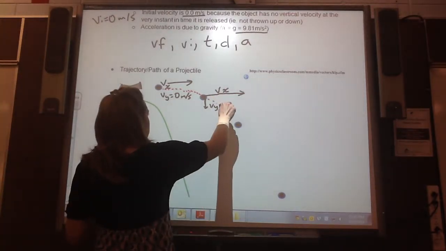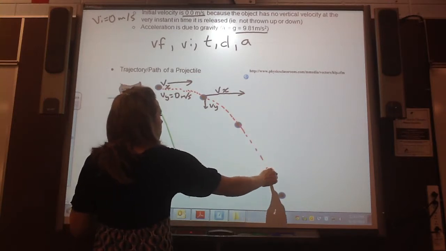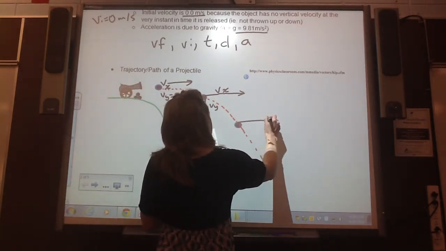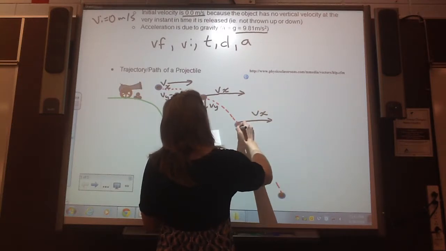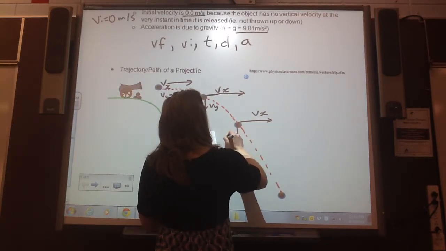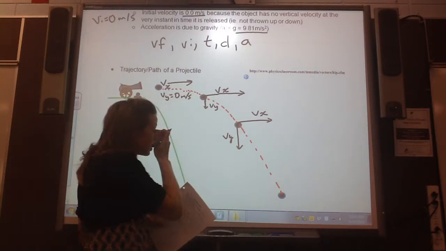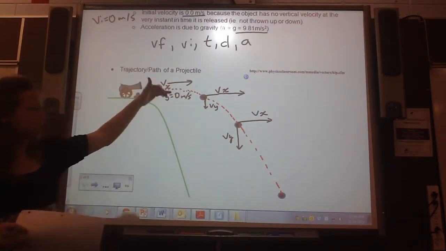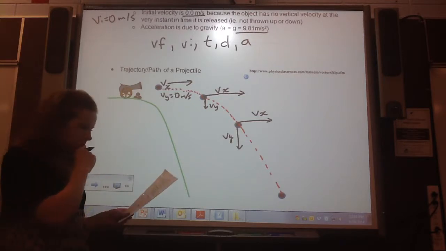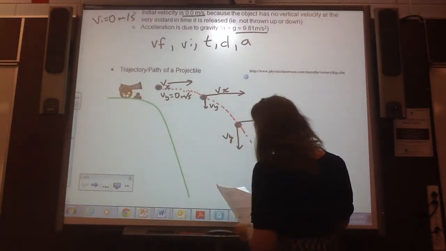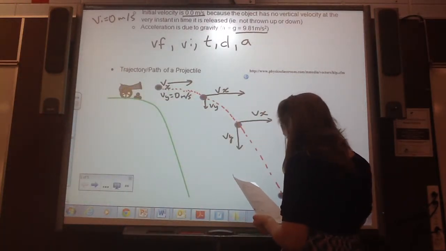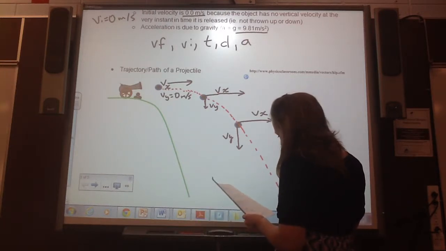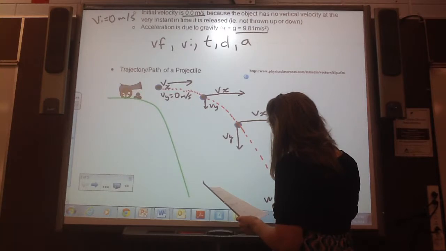Okay, again, follow the trajectory. And I will have my vx again, and my vy. At this point, my vy will probably be bigger than at this point because I'm accelerating down. And here, my vx over, and depending if it's hit the ground or not, we'll have our vy.